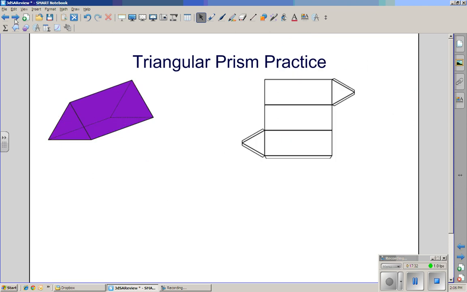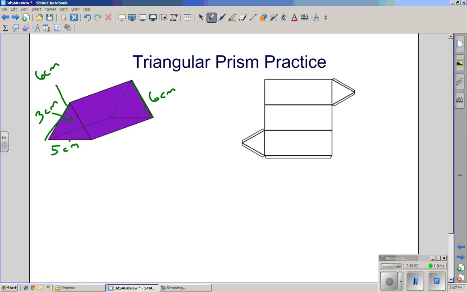Okay. Let's do a practice problem. For my practice problem, the base of my triangle will be 5 centimeters. The height of my triangle will be 3 centimeters. The height of my rectangles are 6 centimeters, which also makes this line right here 6 centimeters.